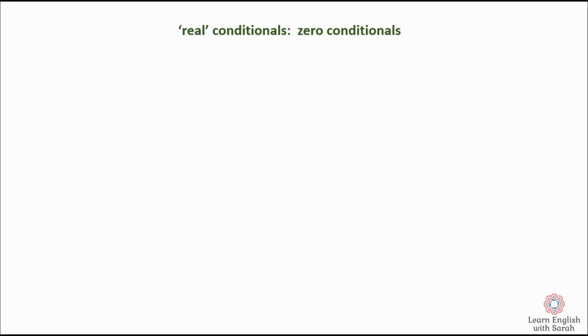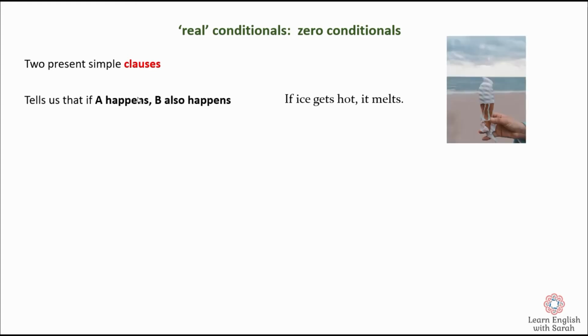So let's focus in on these zero conditionals. A zero conditional has two present simple clauses. And this word clause basically is just part of a sentence. A zero conditional sentence tells us that if A happens, B also happens.